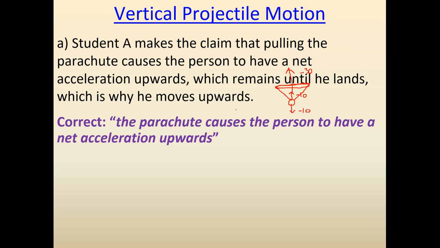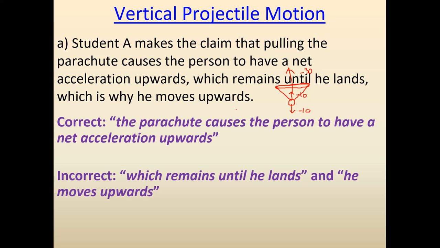The incorrect statement, he kind of says two things. The first incorrect statement is "which remains until he lands." Not necessarily true because again, as he slows down, this upward acceleration caused by the air friction will start to decrease. Because remember, the effect of air friction is related to how fast you're going.